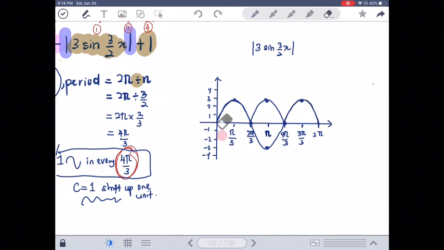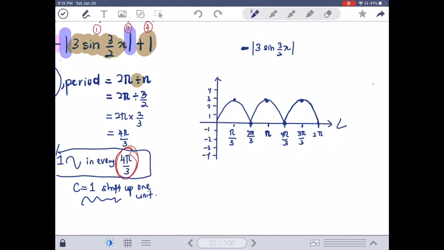Now you can erase the bottom part. Done with the modulus. Next is the negative. So negative is the reflection about the x-axis. So everything needs to be reflected about the x-axis, top to bottom, bottom to top. In this case, everything is on the top and will be reflected downwards.